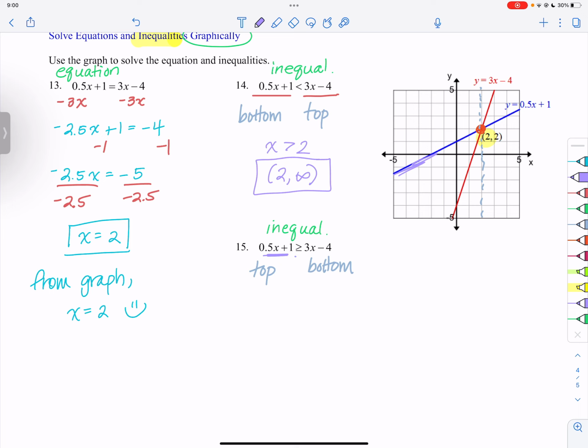I guess I can't erase that for some reason. So this is when x is less than or equal to 2. And that's from negative infinity to 2. And we want to include 2 since we have this equals there. And that concludes this section.